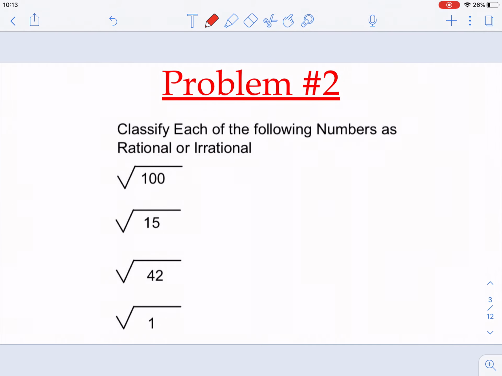The second problem, classify each of the following numbers as rational or irrational, and I have 4 square roots. Take a second to copy down the question and the 4 problems.